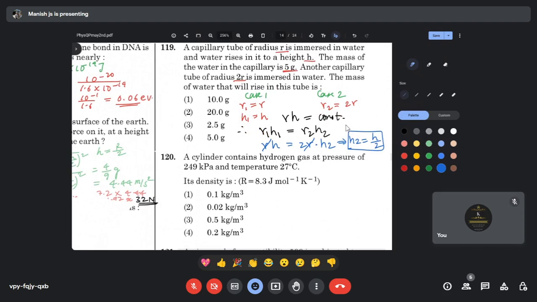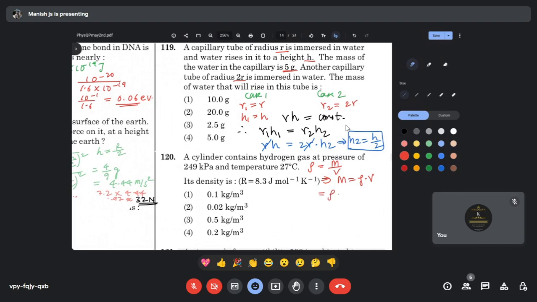Now we need to find out what is the mass. For mass, you obviously know that mass can be expressed in terms of density and volume. You know that density is mass by volume, so mass is density times volume. Substitute the values now.